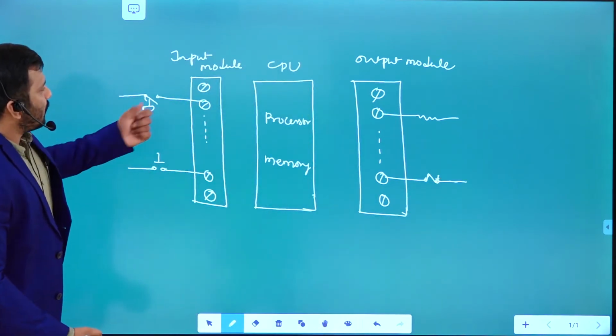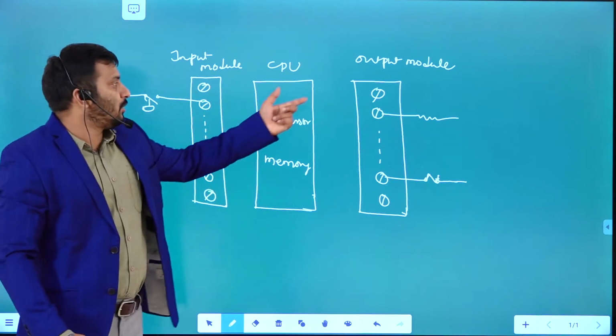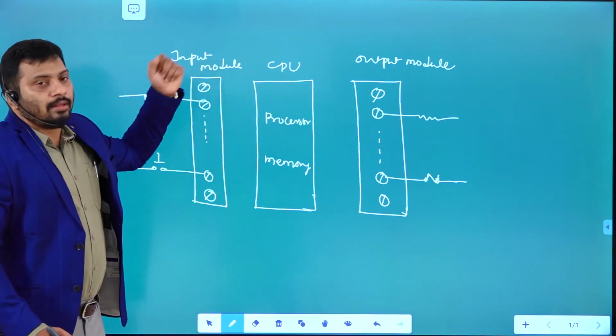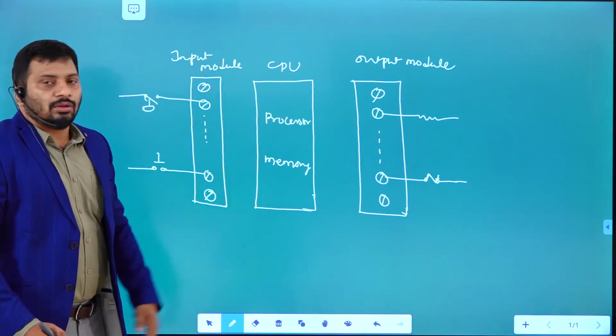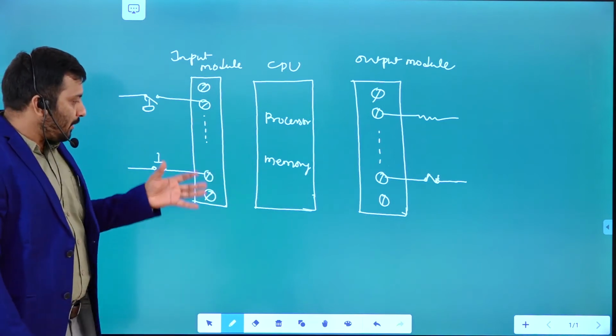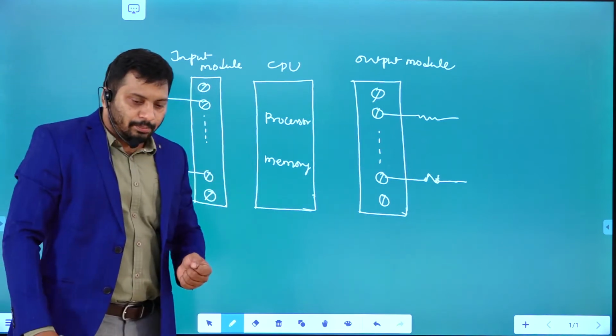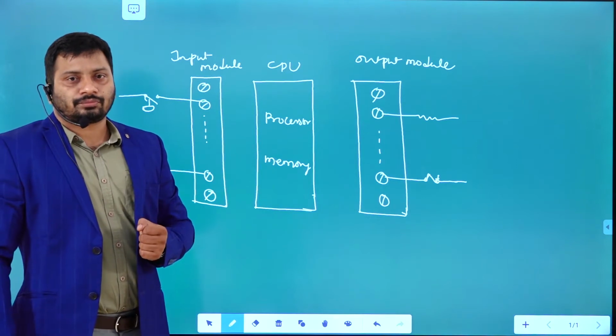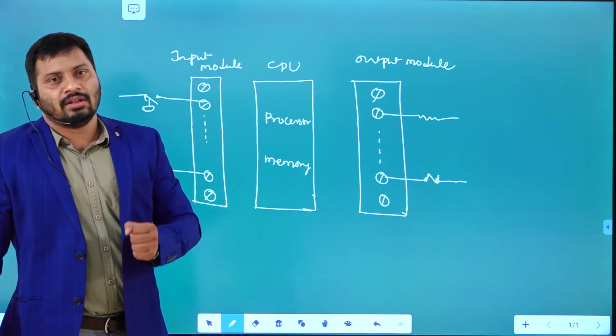Along with the input module, processor module and output module, we have a power supply module and a program monitor. These are the basic blocks we physically have in the PLC module.